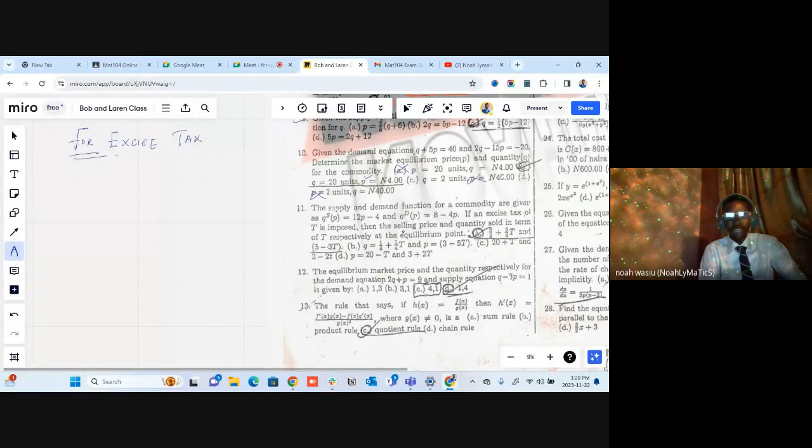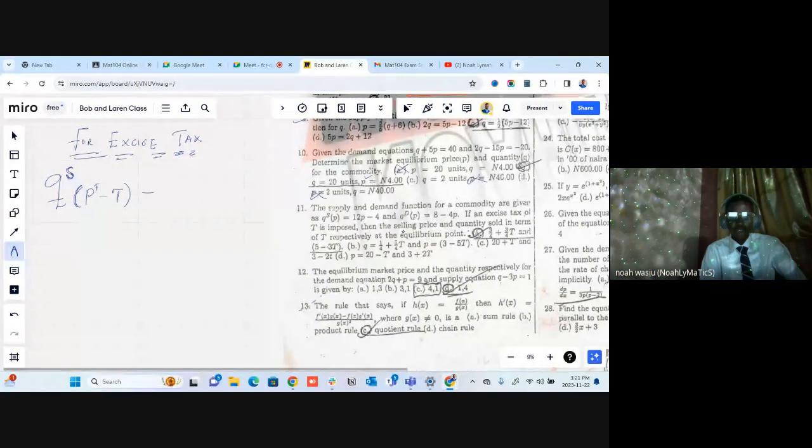Under excise tax, there's a particular definition that you must know, which states that QS of PT minus the tax itself is always equal to QD of PT.